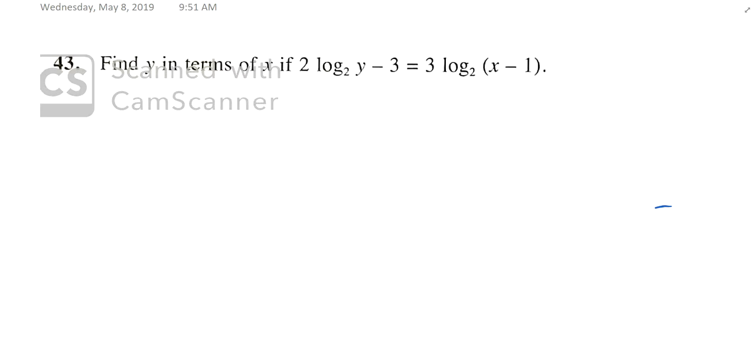How do we get started on this? So log base 2 y square minus log base 2 8.